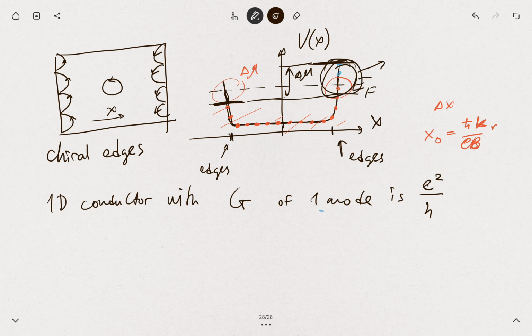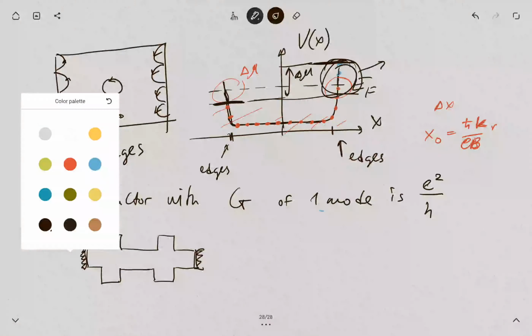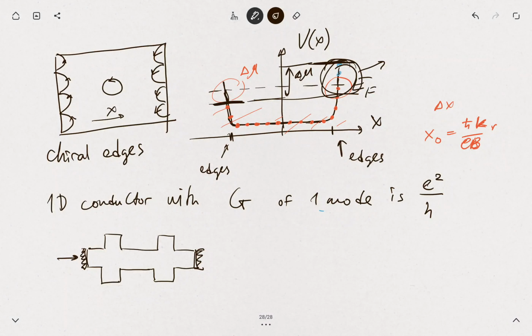That's quite essential. So let me draw this whole bar again. And let's say we use this contact to introduce the current. So the current is injected from this side, and it exits from this side here.